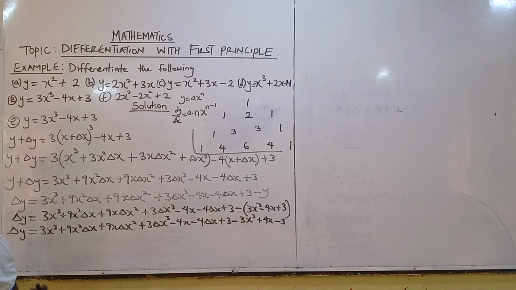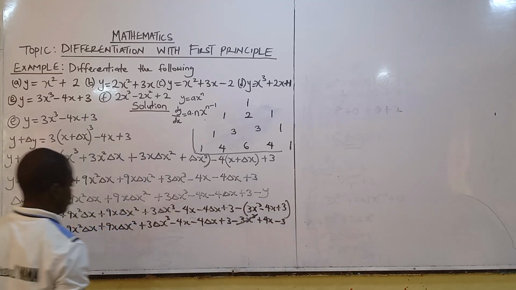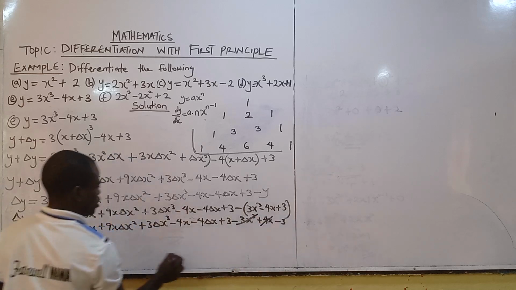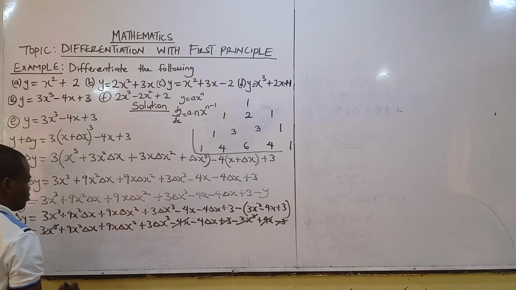Let's see what will cancel out. 3x cubed cancel minus 3x cubed, plus 4x cancel minus 4x, minus 3 cancel plus 3.